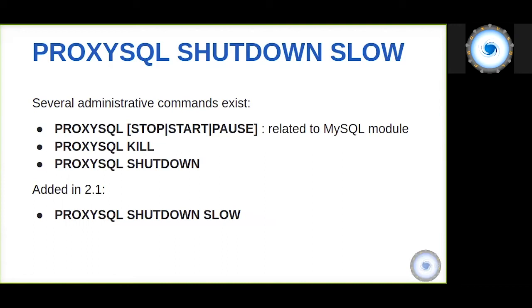We realized that PROXYSQL SHUTDOWN is not really useful in production environments, but mostly for development. So we decided that PROXYSQL SHUTDOWN is now mapped to PROXYSQL KILL, so ProxySQL just exits as soon as possible. And we added a new command called PROXYSQL SHUTDOWN SLOW that will be mostly used for development purposes when we want to perform a graceful shutdown of ProxySQL.